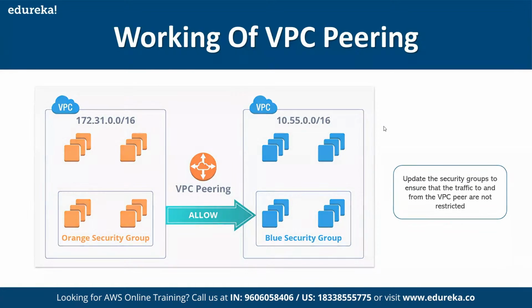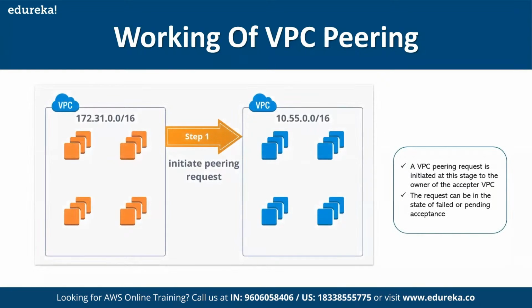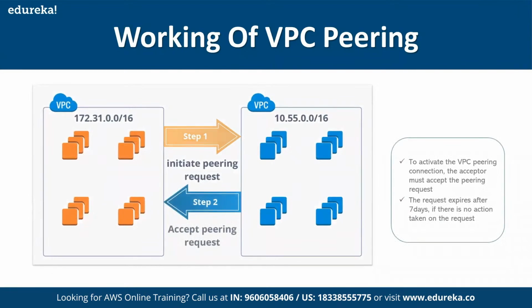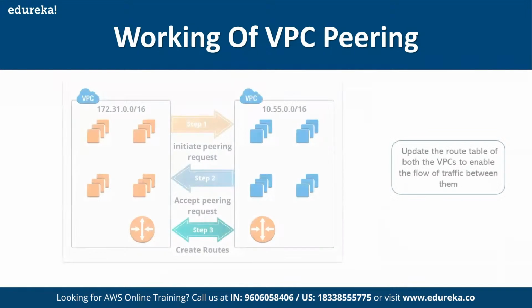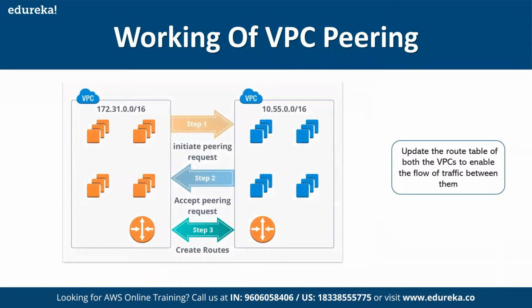Once it is set up, the requested VPC will accept that peering request. The administrator of that VPC will accept it. And once the request is accepted, the route tables of both the VPCs will be updated with the rules to allow the communication from the IP ranges of this VPC to this VPC.